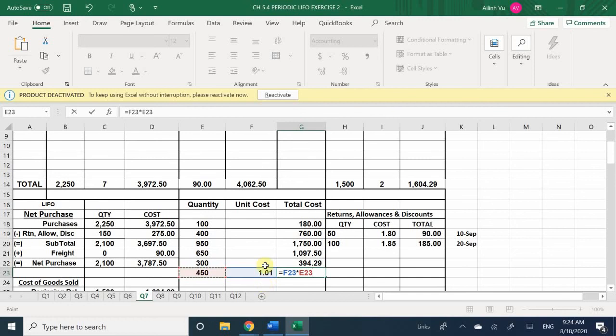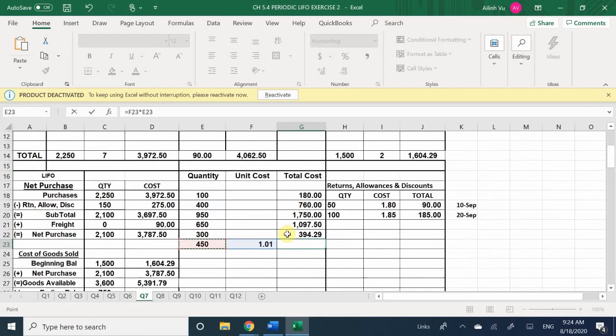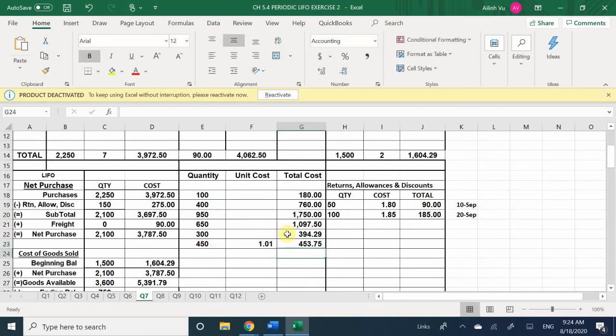It's actually going to be that long number. We're not rounding until the end. 453.748. So because it's 8, you're going to round up to 75.